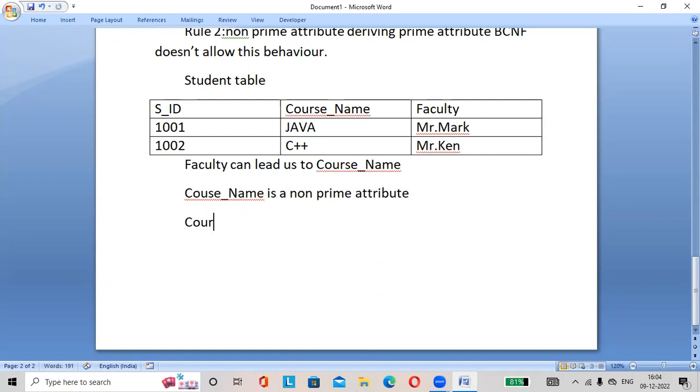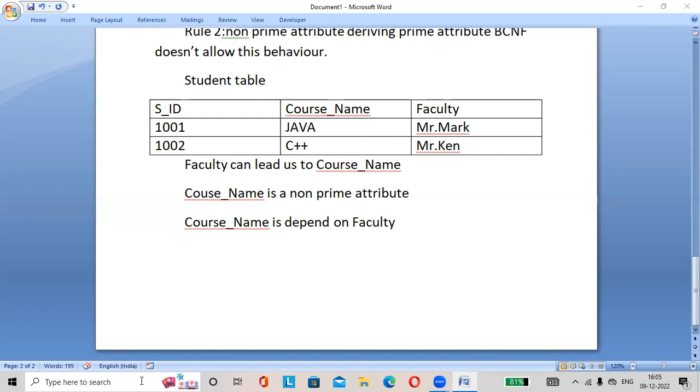Course name is dependent on faculty. Course name is not a primary key attribute. So the table is not in the form of BCNF.